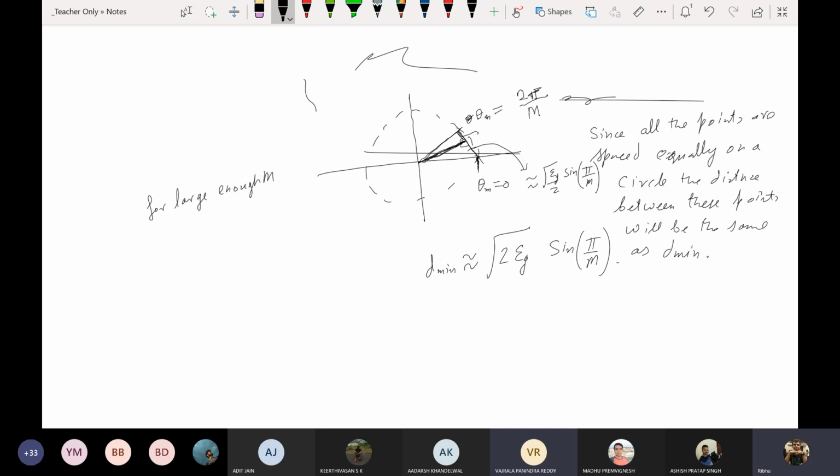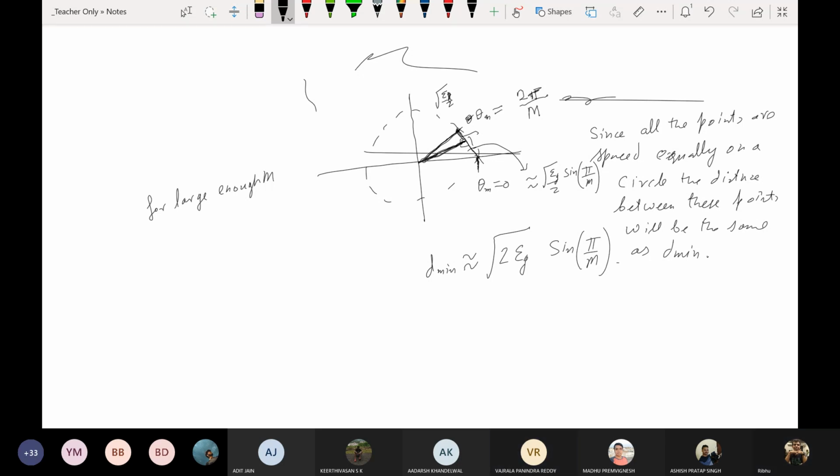Sir, how did you get the perpendicular bisector length? We don't need the perpendicular bisector length. We simply need this. What is the radius of the circle? Root over Eg by 2.